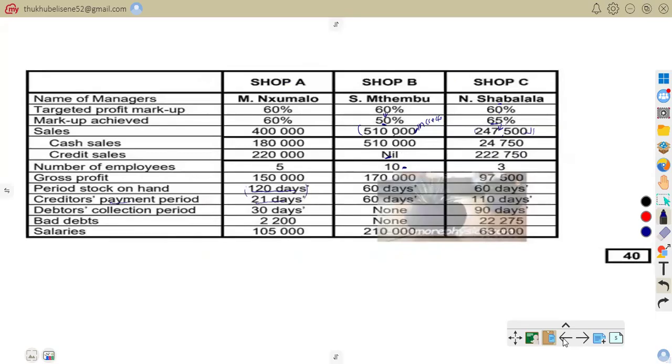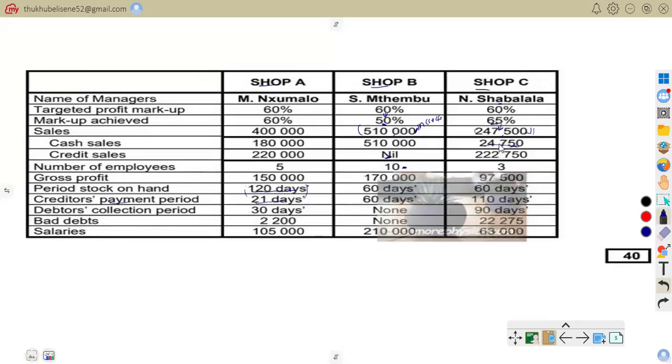So here we are on shop C. We're done with shop B and shop A. On shop C, you can see that the sales are the lowest. Their sales are lowest.